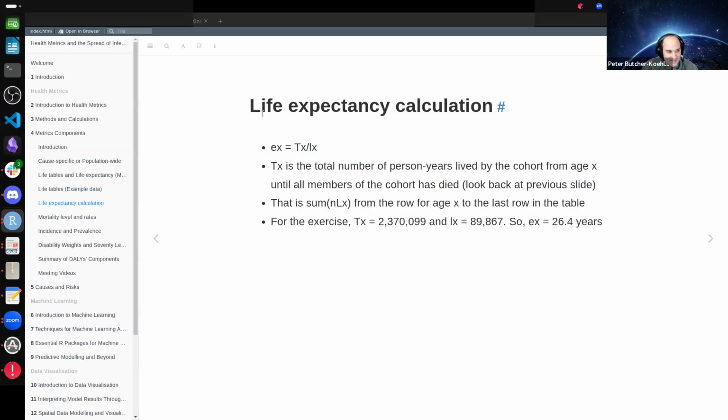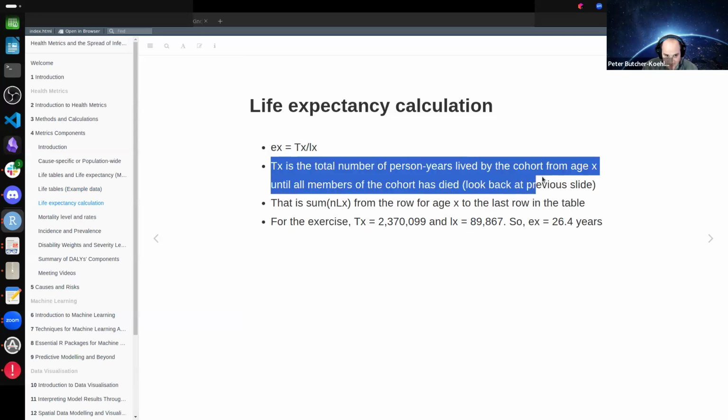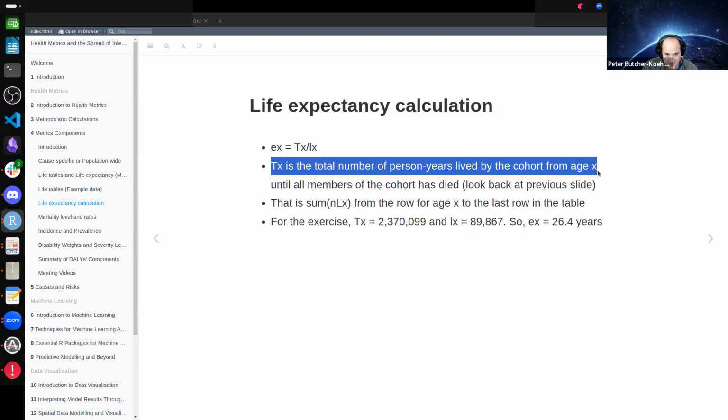So in the life expectancy calculation, we have ex equals Tx over lx. And one thing that I was struggling with looking at just the text was understanding that Tx is the total number of person lives lived by a cohort from age x until all members have died.